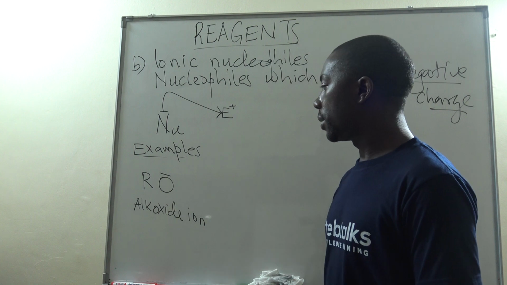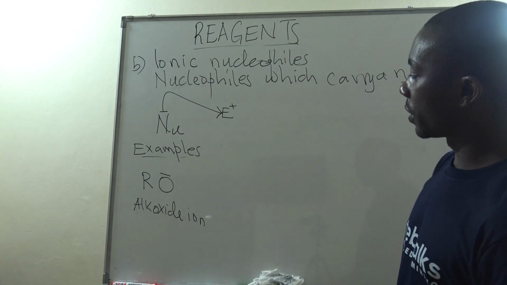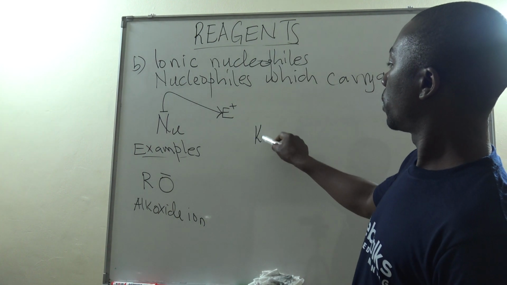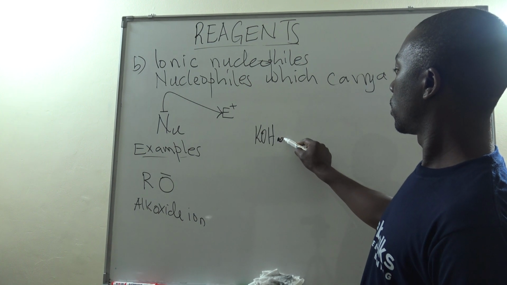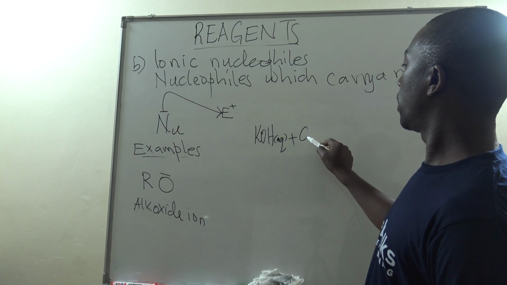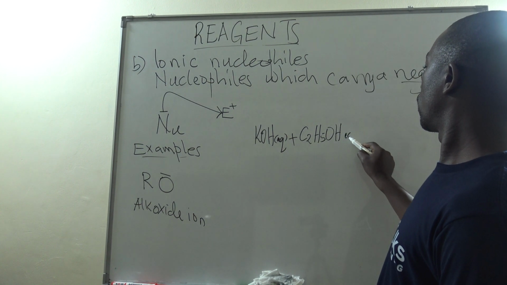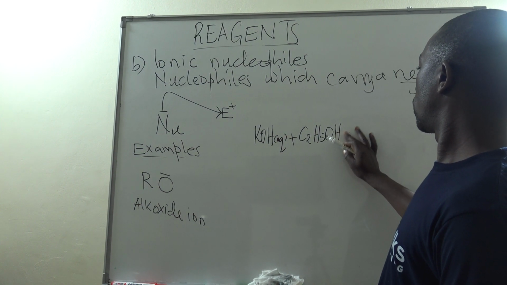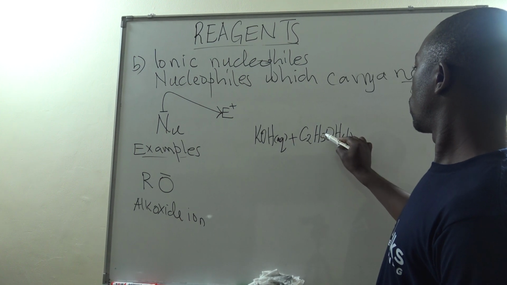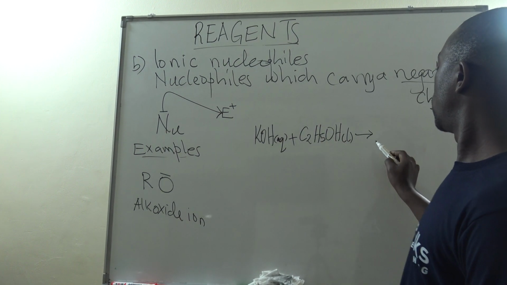The ion you get is normally called alkoxide. Take an example. If you react potassium hydroxide plus ethanol, we get this salt.